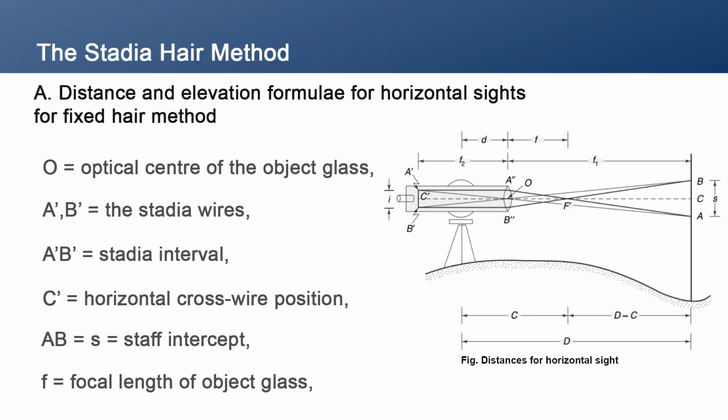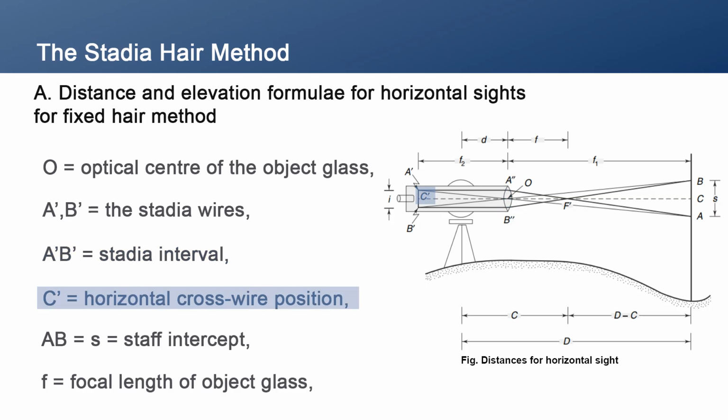In this method, several parameters are important, so let us see one by one. O represents the optical center of the object glass, A' and B' are the stadia wires and the distance A'B' is the stadia interval.